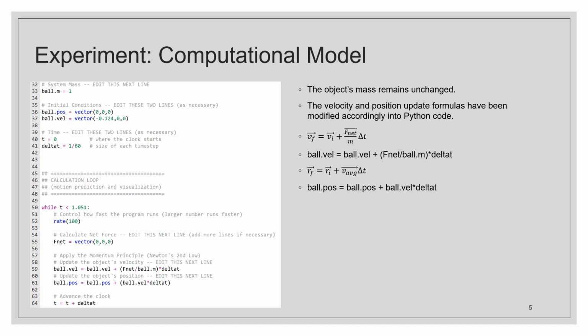The starting time is 0 seconds and delta t is 1/60th of a second because the tracker video was shot in 60 frames per second. The while loop runs until t is less than 1.051 seconds, which was the last frame in the tracker analysis. The velocity and position update formulas have been modified accordingly into Python code to allow for the iterative prediction of the motion of the medicine bottle.